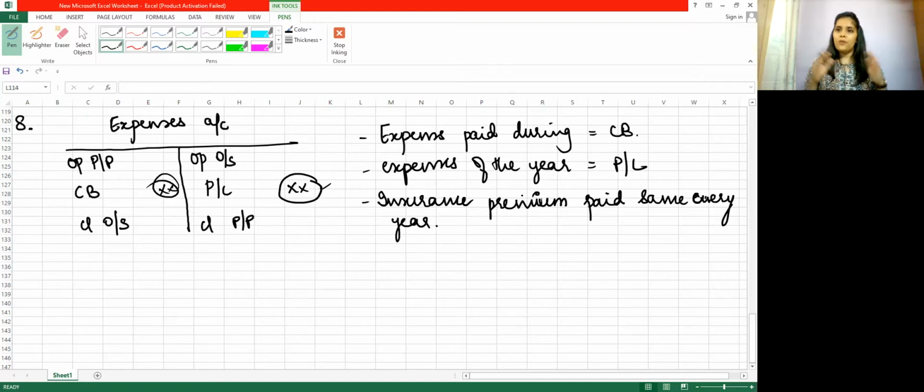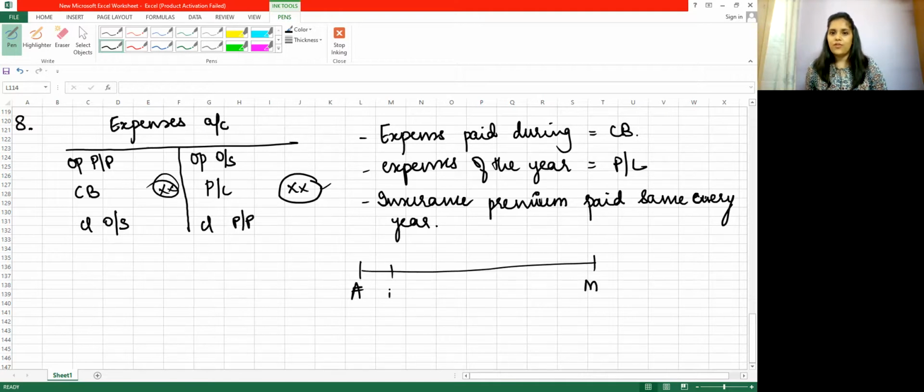Every year you're paying 12,000 on 1st of August. Can I say you are paying for April, May, June, 3 months of the next period in the current year? Correct. If you see, your accounting year is from April to March.